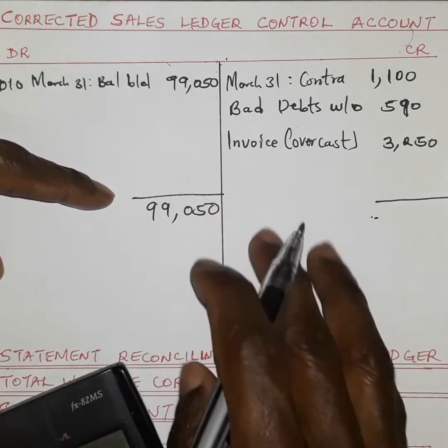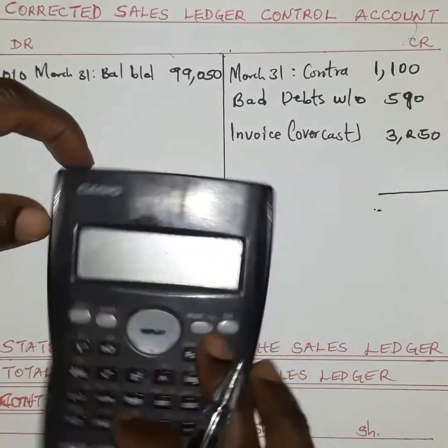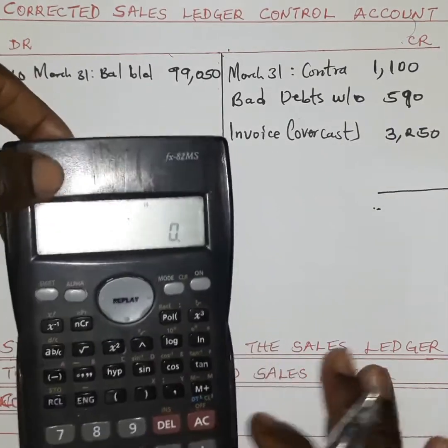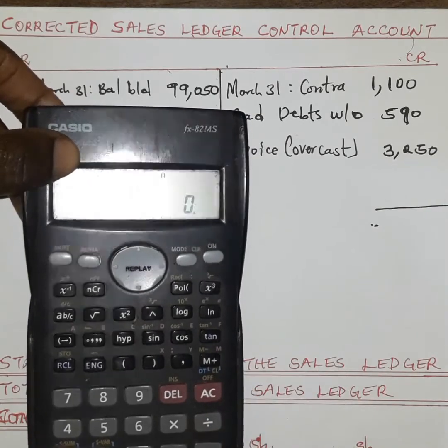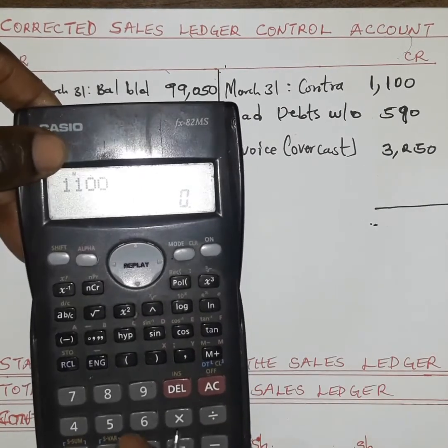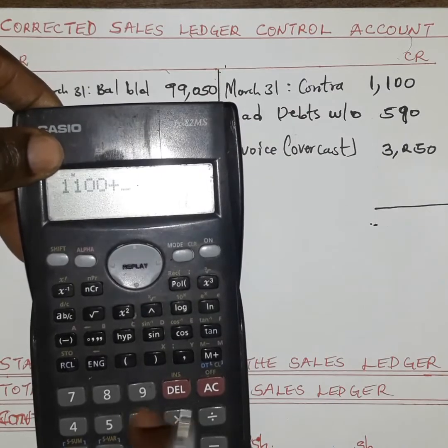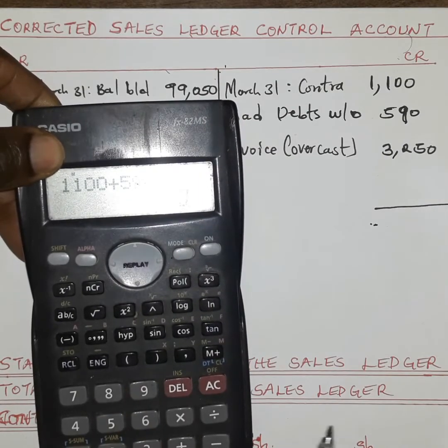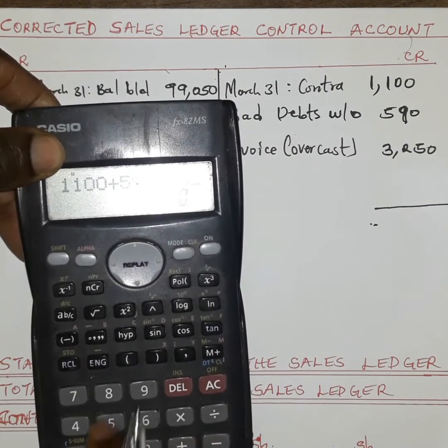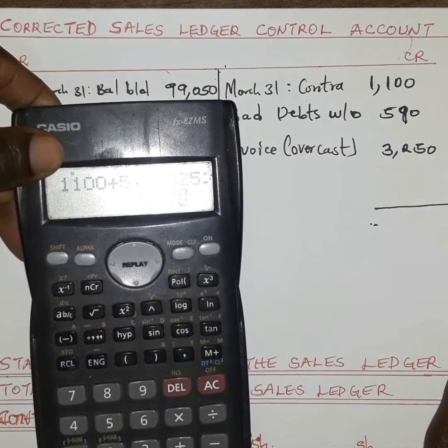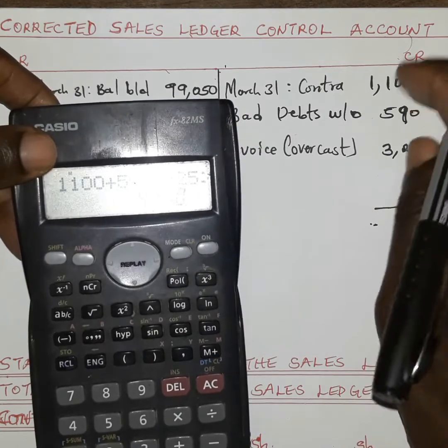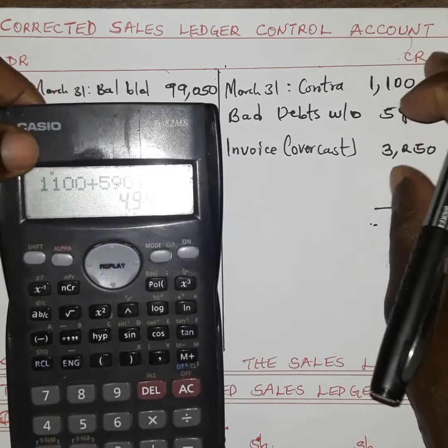And if you talk about this one, it should be 1,100 plus 590 plus 3,250. Now this one is the total on the credit side.